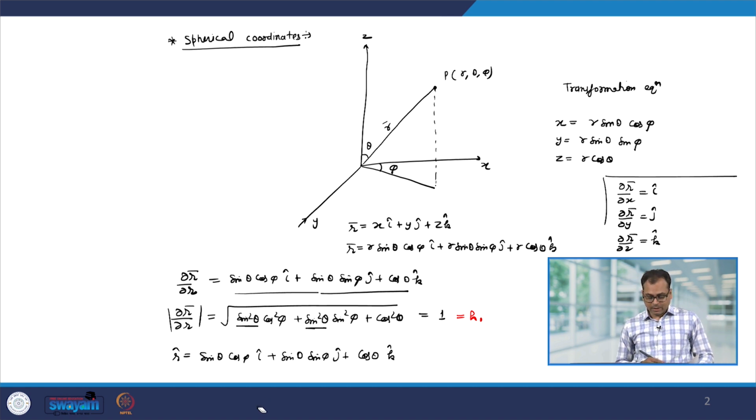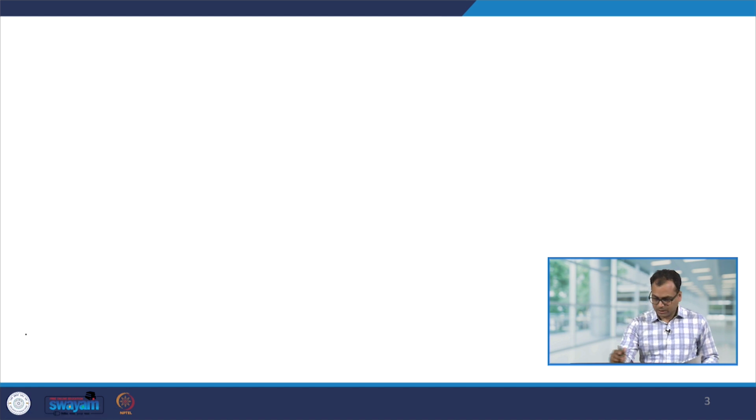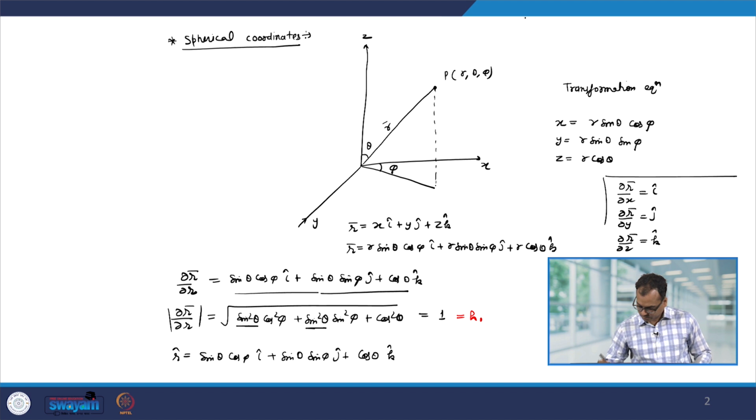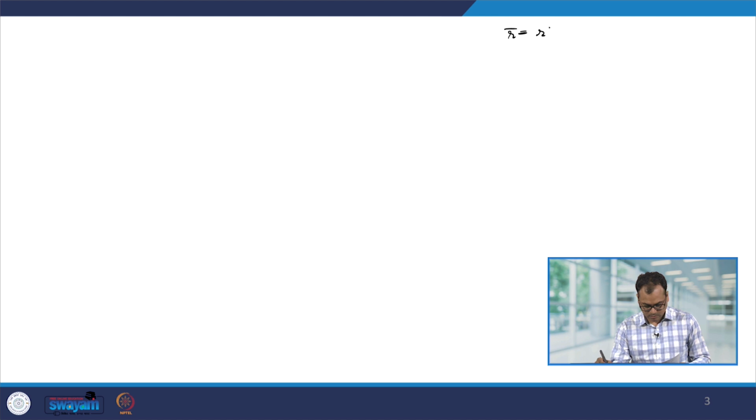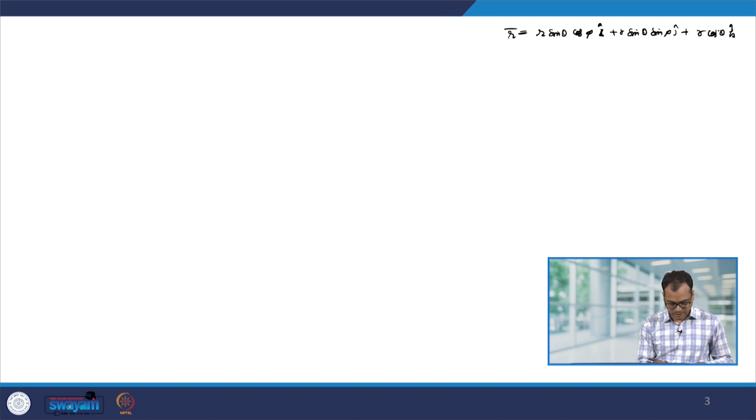Now, let us calculate del r vector over del theta, that should give you a unit vector in theta direction. So, our vector r is r sin theta cos phi i plus r sin theta sin phi j plus r cos theta k. So, we are interested in finding del r over del theta.